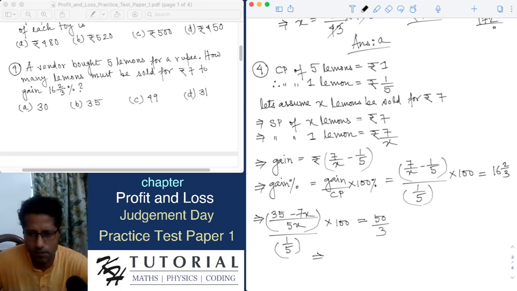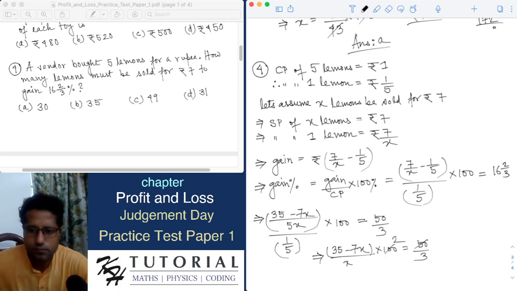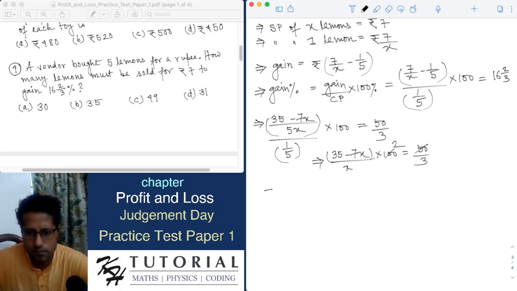Now this implies, if you simplify the left hand side, the 1 by the denominator 5 cancels out, so we get 35 minus 7x divided by x into 100 equals 50 by 3. Now from here you can also cancel out 50 and 100 with 2. So we get 2 into 35 minus 7x divided by x equals 1 by 3.